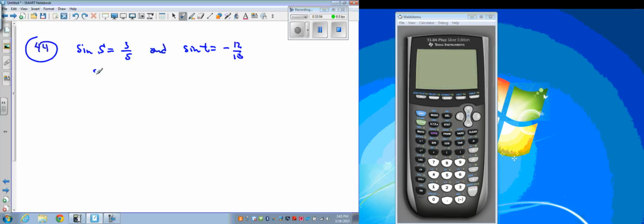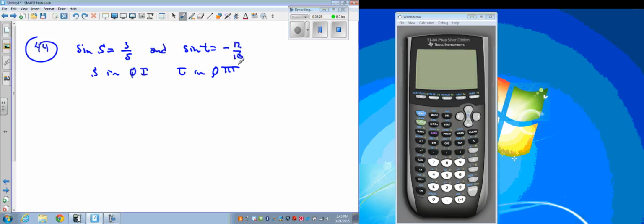And they're saying that S is in quadrant 1, T is in quadrant 2. Okay.